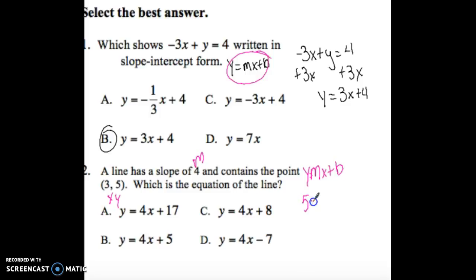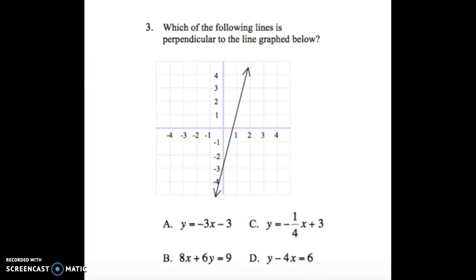So y was 5 equals m, which is 4, times x, which is 3 plus b. So you get 5 equals 12 plus b. Subtract 12. So 5 minus 12 is negative 7 equals b, which would be y equals positive 4x minus 7, which is D.